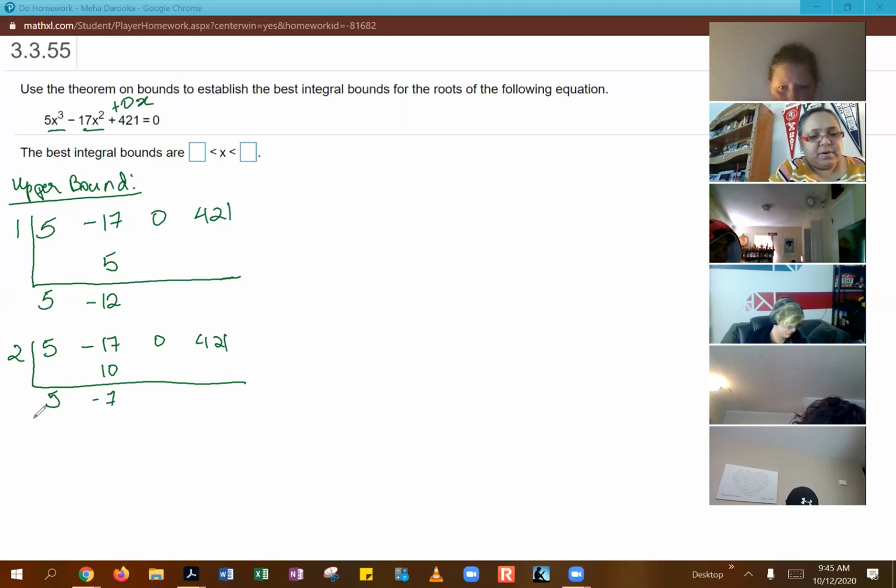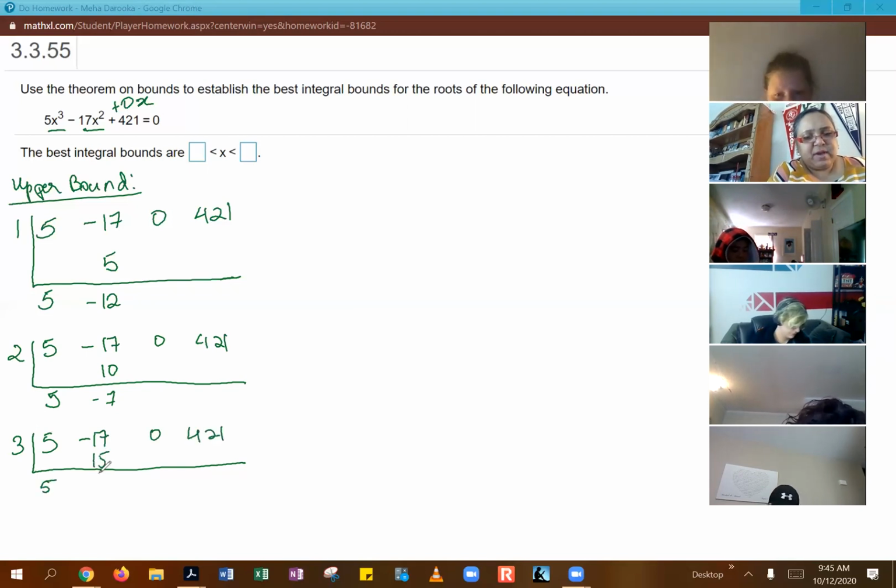So with number 3, will that work? Because 5 times 3 is only 15, right? And 15 will also end up giving you negative 2. So none of these numbers are working. Let's take a look at 4.